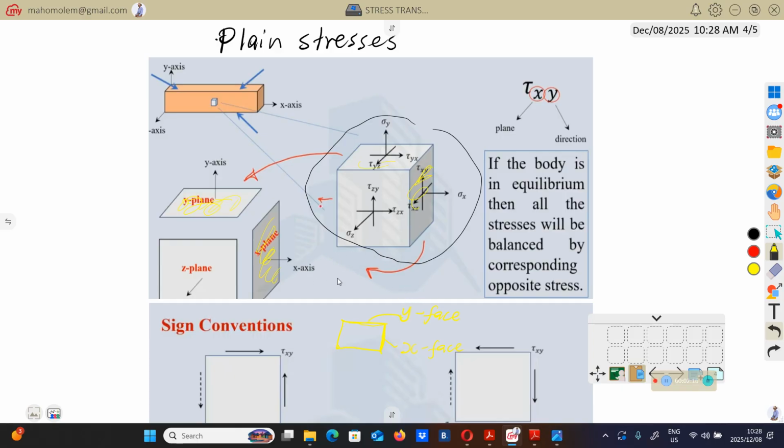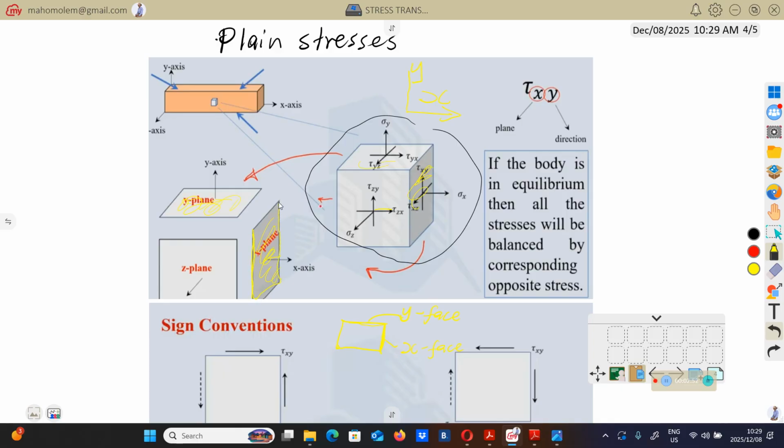We're going to use the same direction from mathematics. So this horizontal direction, we're going to call it X. And the Y direction, we're going to call it Y. So this plane, we're going to call it X plane, even though it's vertical like this.